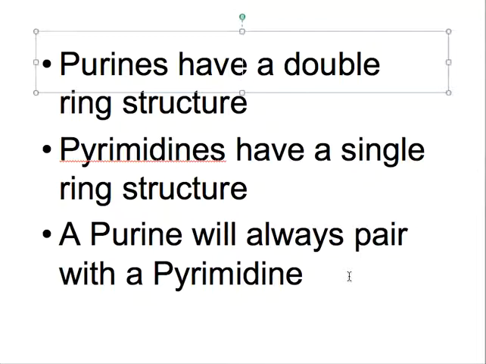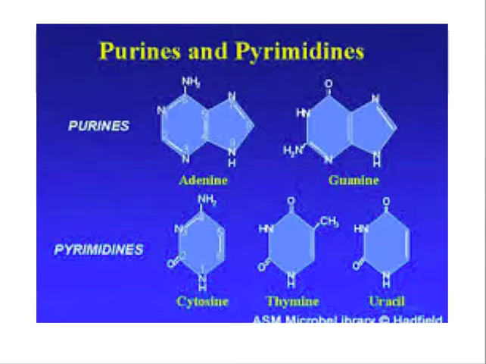Well, purines are going to be your adenine and your guanine, and the pyrimidines are going to be your thymine and cytosine. And one of the best ways to remember which is which is that pyrimidines has a Y in it, and thymine and cytosine also have Y's. So that is about one of the only ways I can kind of separate the two.